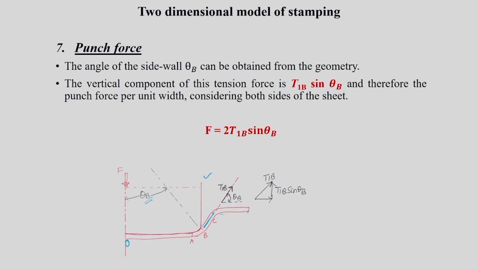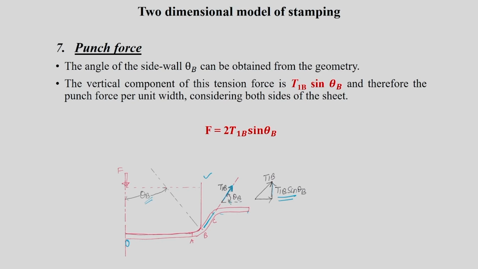Since this is an unsupported region, I am going to have T1B acting along this, at an angle of theta B with respect to the x-axis, so that the vertical component of this is T1B sin theta B. T1B is the tension acting at point B along the cup wall or side wall, in this direction.